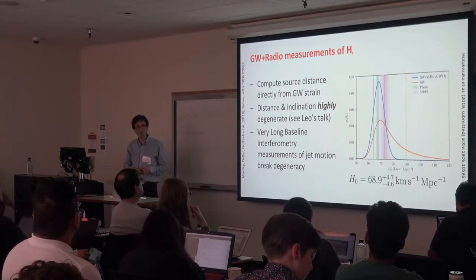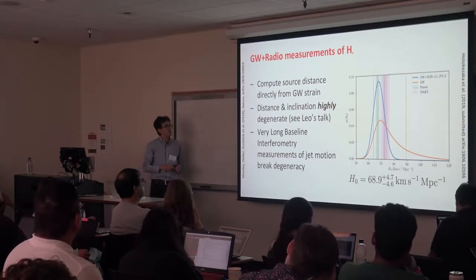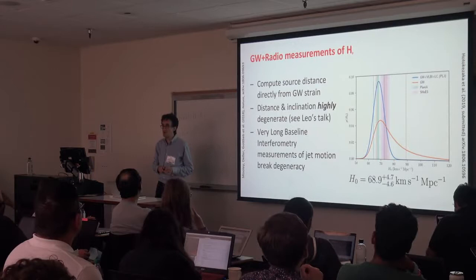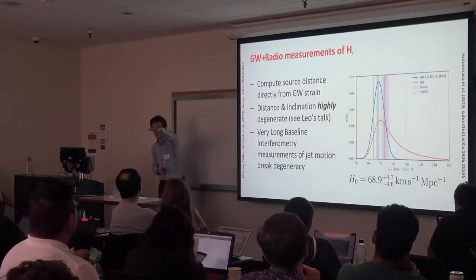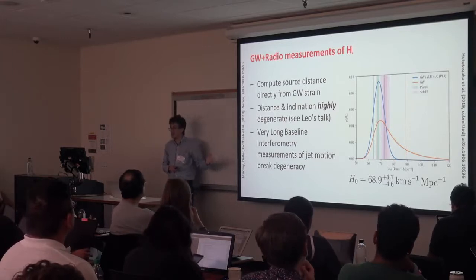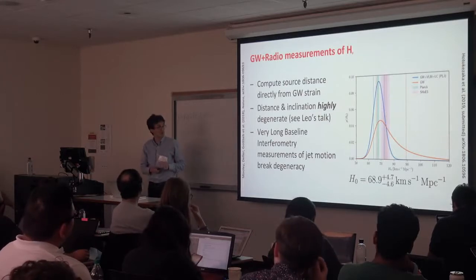You can compute the source distance directly from the gravitational wave strain, but the distance is highly degenerate with the inclination. You don't know, is it face on and further away, or tilted and closer to you? If you could figure out one or the other, then you know the distance, you know the redshift of the galaxy, and you can determine the Hubble constant.